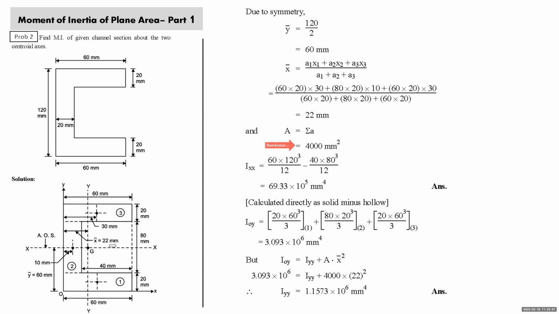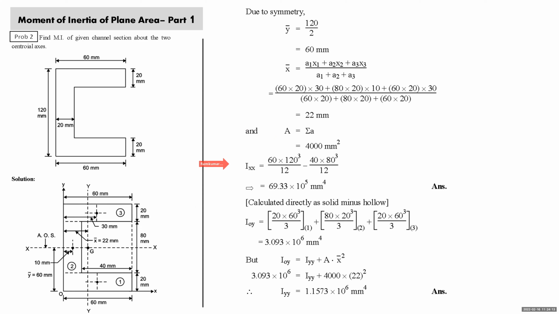Now students, here, Ixx is about the xx centroidal axis, which is an axis of symmetry. So its moment of inertia can be obtained directly, as per our methodology. So how are we finding? Ixx is equal to solid. Solid area is what? 60 into 120, bh cube by 12. 60 into 120 cube by 12. Minus for the hollow part, this is 40 into 80 cube by 12.